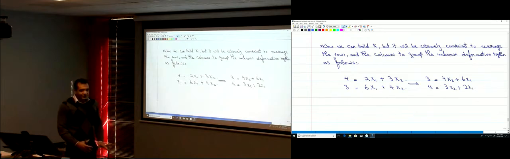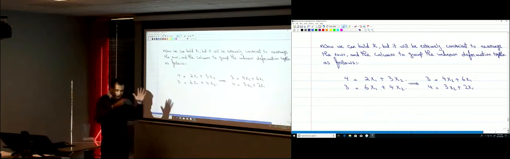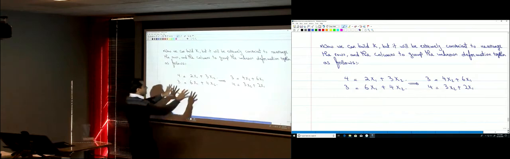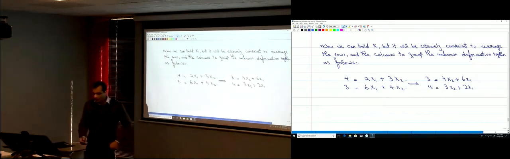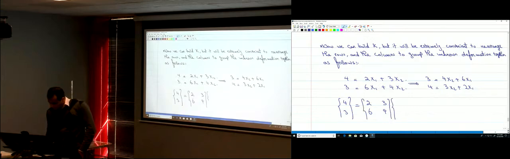Did I make any changes here? No, I just changed the order, but it's the same two equations. If I write this in matrix form, this is 4, 3 equals 2, 6, 3, 4 multiplied by x1, x2.